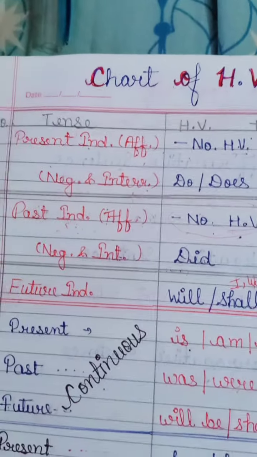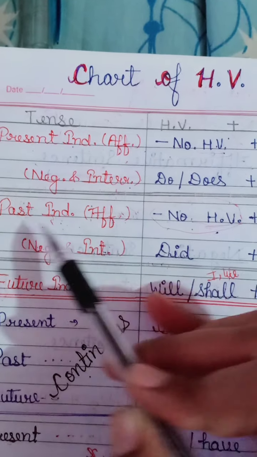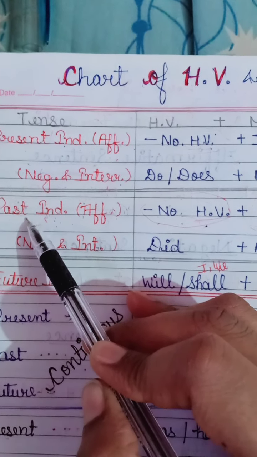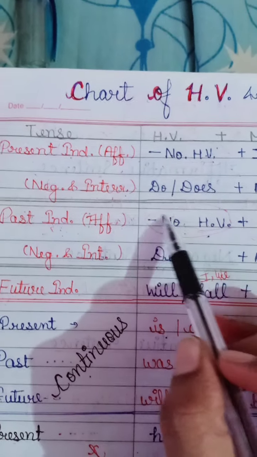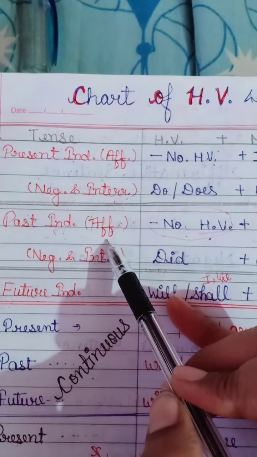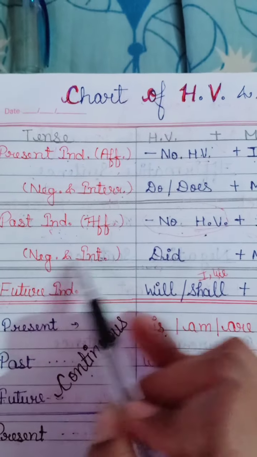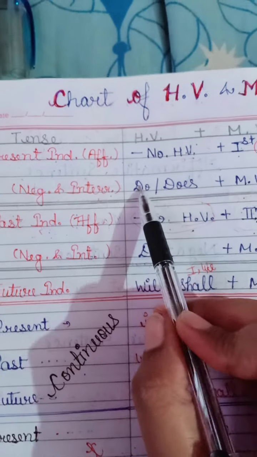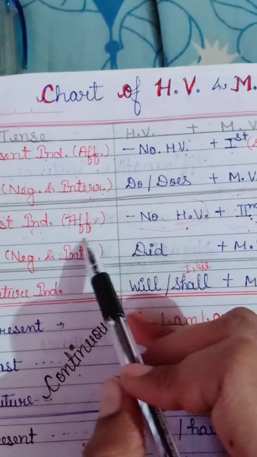Remember it, guys. Only affirmatives don't have a helping verb, but their negative and interrogative parts have their helping verb. That's why we have mentioned it separately.